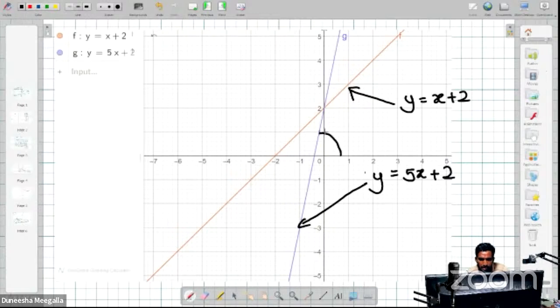Is it this angle that is bigger, or this one? If y equals 5x plus 2, yes, 5x plus 2 is the biggest one.